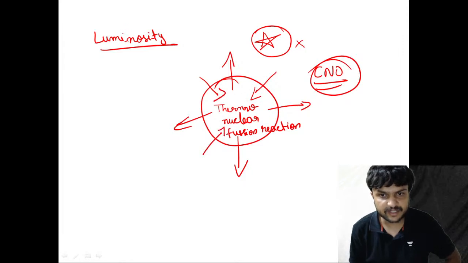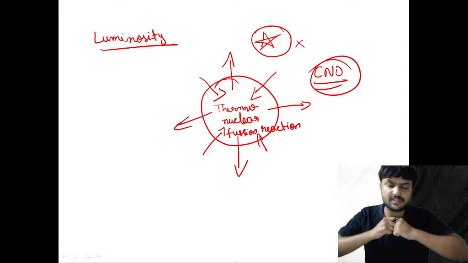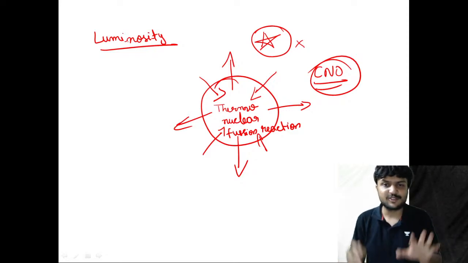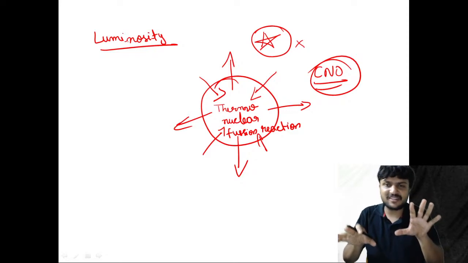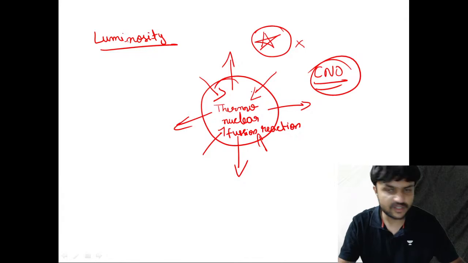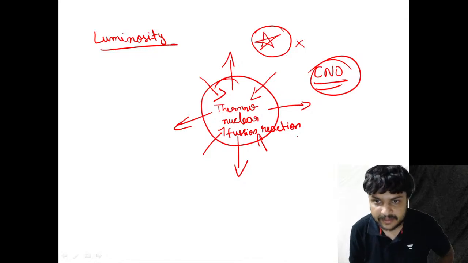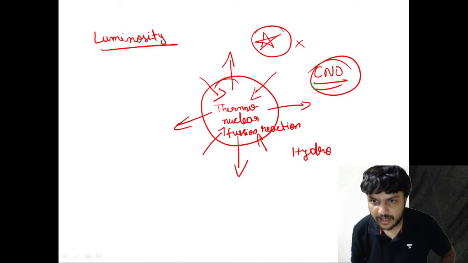Gravity is pulling everything inward, and the thermonuclear fusion radiation pressure is pushing everything outward. So this balance of radiation pressure and gravity, this particular condition, we call hydrostatic equilibrium. This is called hydrostatic equilibrium.